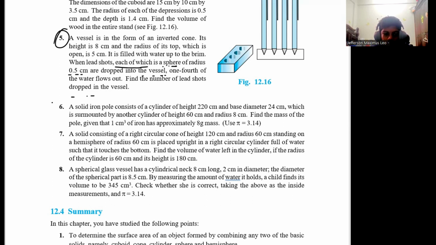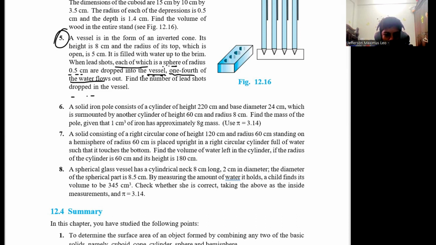Initially we take n lead shots and put them inside the vessel. Can we take that? Did we know the number of shots? Let the number be n. So n times the volume of lead shots is equal to 1/4 of the water left out of the vessel. Yes, ma'am. 1/4 of the water flows out.